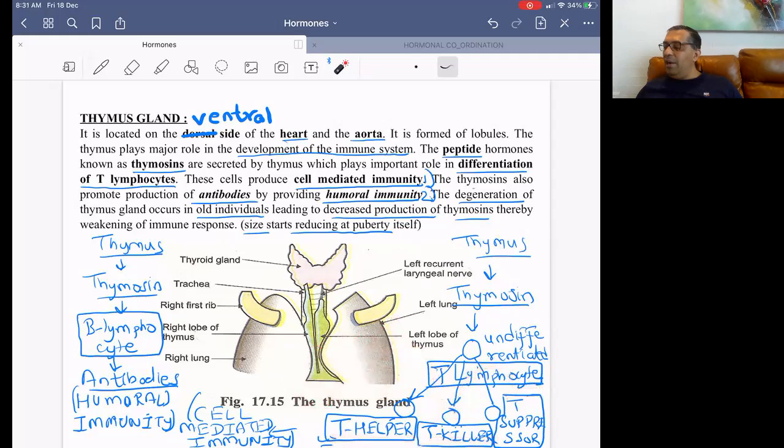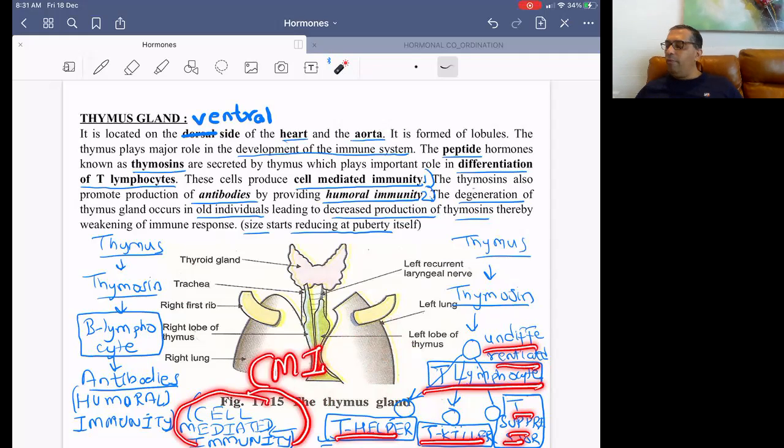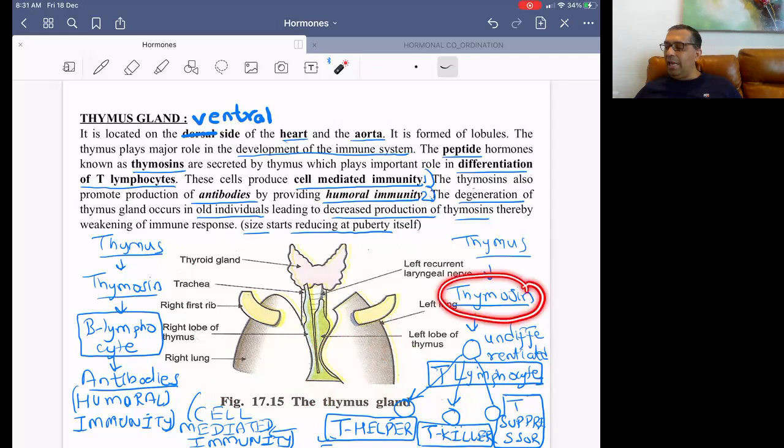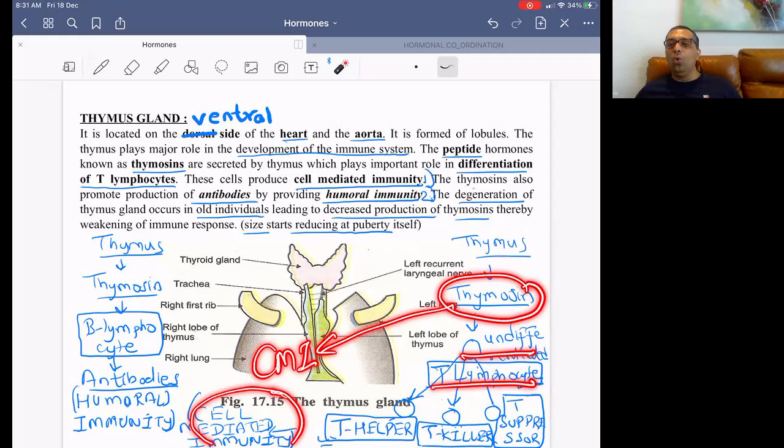All this conversion of undifferentiated T lymphocytes into differentiated lymphocytes is called cell mediated immunity. So which hormone is responsible for cell mediated immunity? Cell mediated immunity is initiated by thymosin. Thymosin helps in cell mediated immunity. It converts undifferentiated T lymphocytes into mature T helper, T killer, T suppressor lymphocytes.